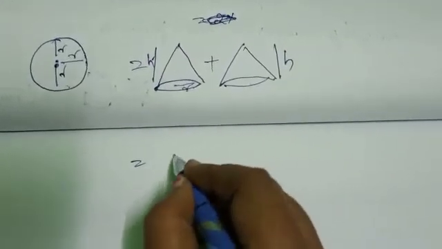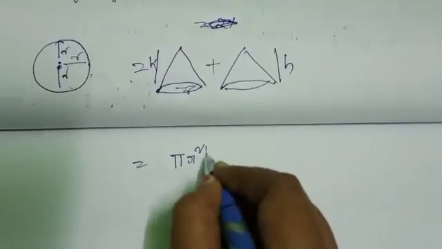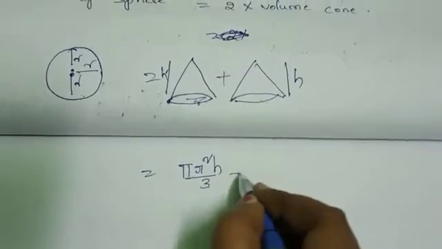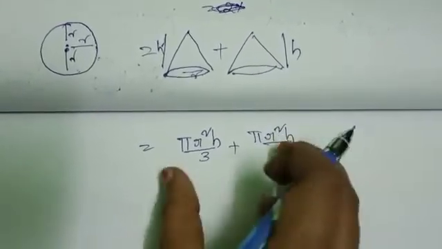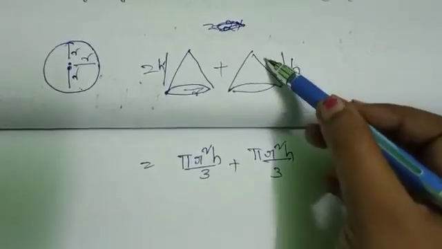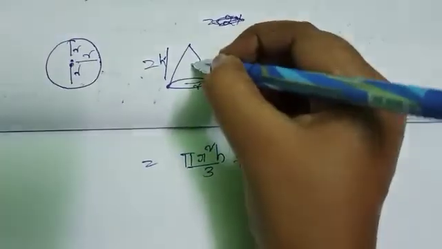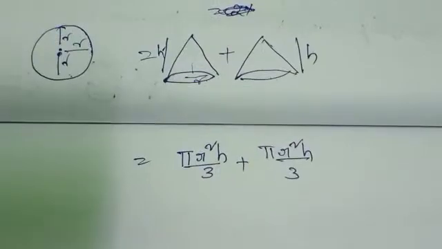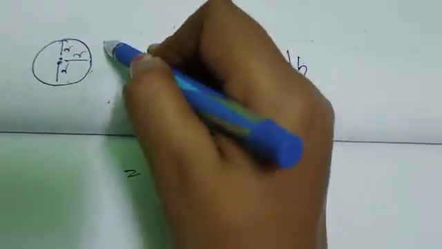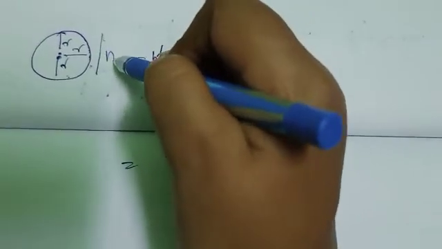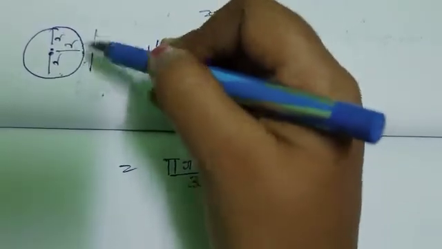Volume of the cone equal to pi r square h by 3. 2 times. But here h equal to r plus r, this height. Okay, h equal to r plus r.